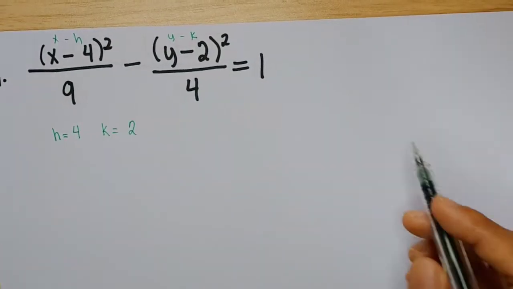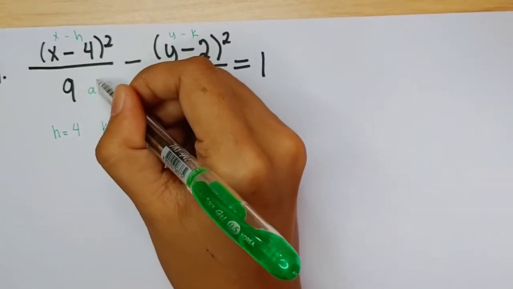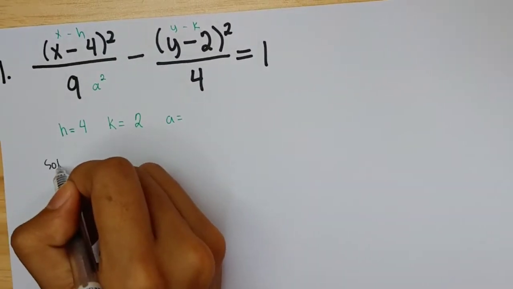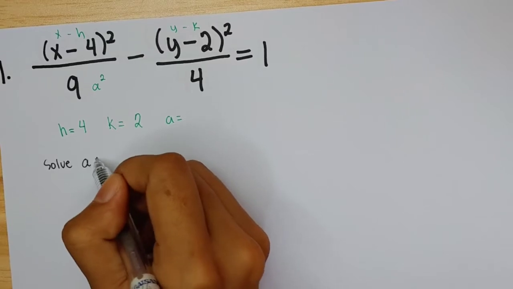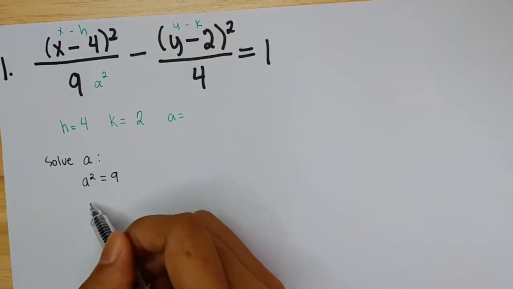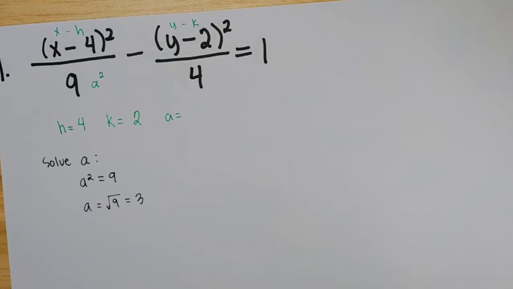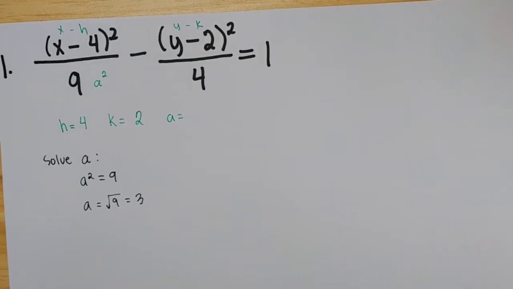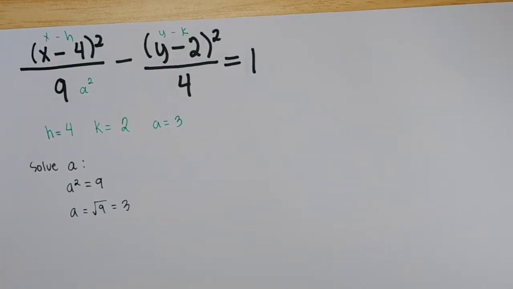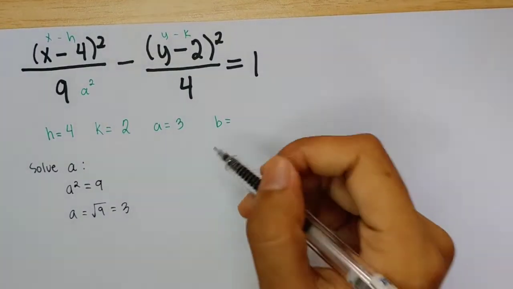What is a? This is a squared, which is equal to 9. The square root of 9 is 3, so a is equal to 3. Same process for b.